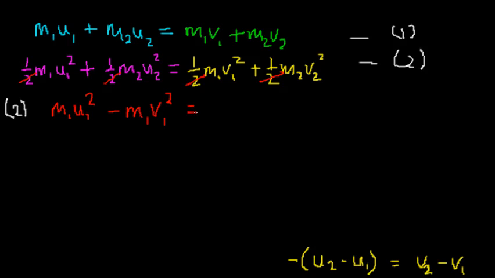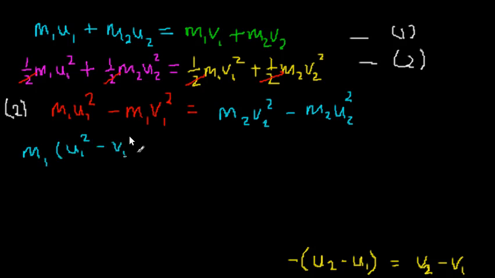This is equal to, that's moved over to the other side, just m2v2 squared, and I would move this m2u2 squared over to the right, minus m2u2 squared. What I'm going to do next is factor out the m1 and the m2, so that I get m1 times u1 squared minus v1 squared.